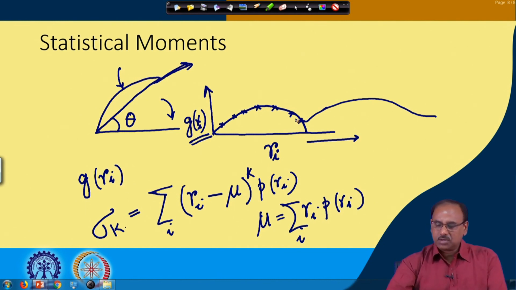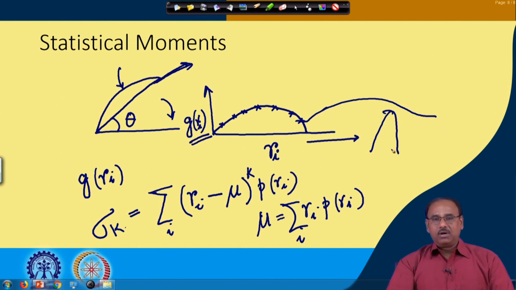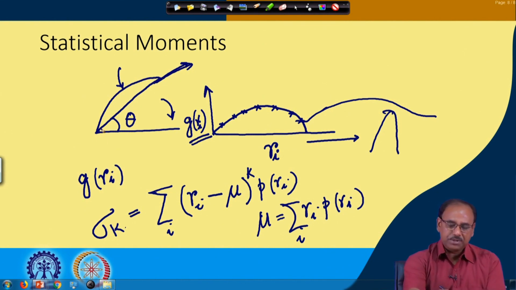If the value of sigma squared is small, my distribution will be something like this. The third order moment tells you about the skewness or the symmetry of the distribution about its mean. Similarly, moments of different orders capture some information of the shape of this distribution, or in this particular case, the shape of this sub-segment of this particular boundary.